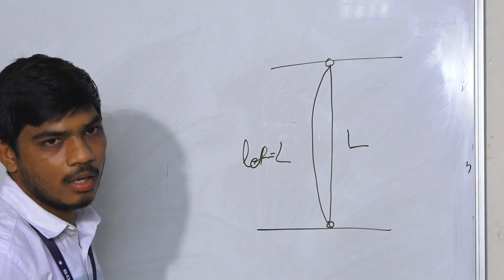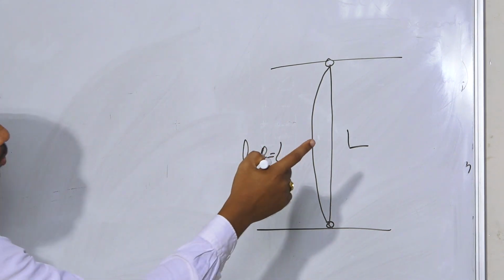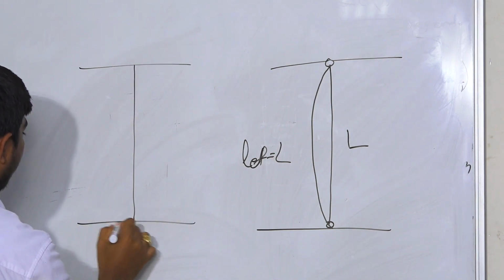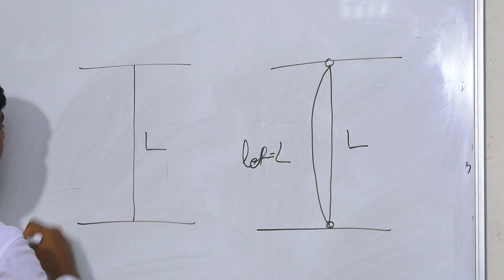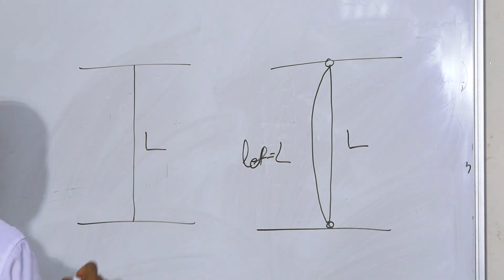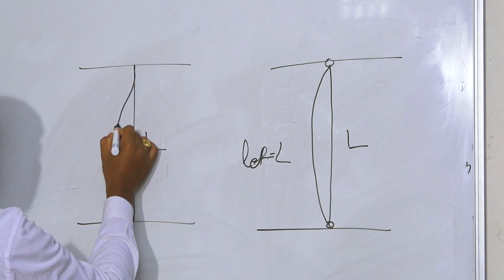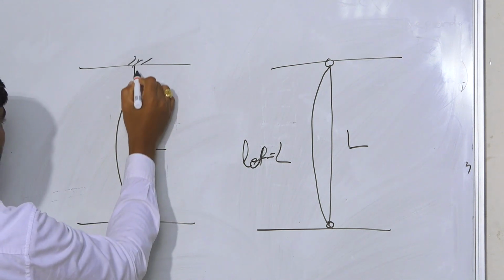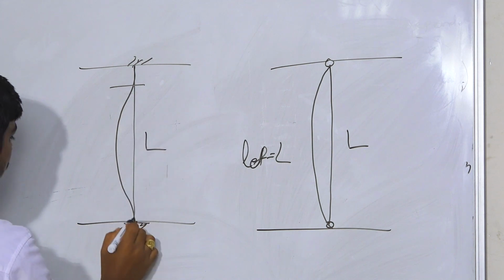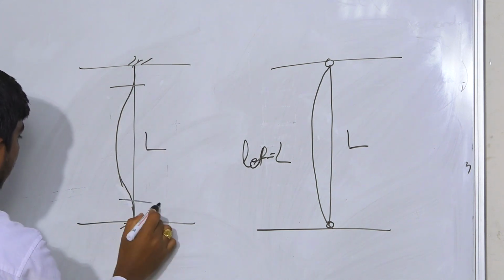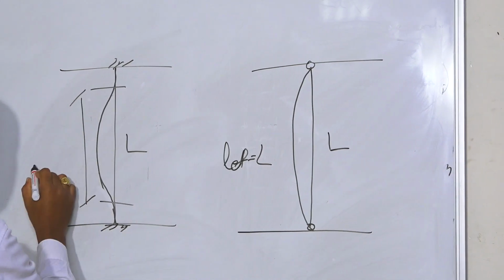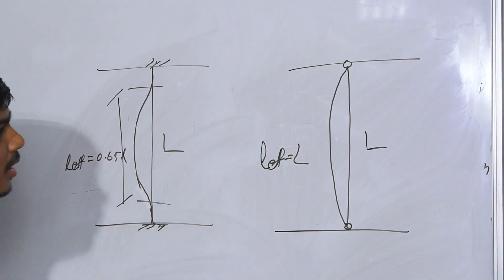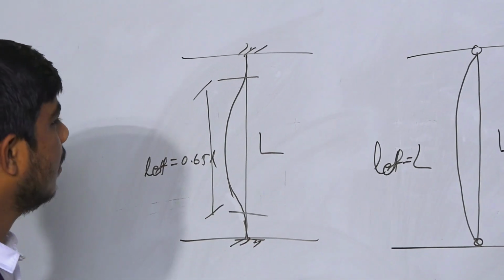When the two ends are fixed, second case, both ends are fixed like this. If unsupported length is L, then what will be the effective length? The column will try to bend like this because this is fixed. Now the effective length will be from here to here, and this distance is effective length, which equals 0.65 L. Now similarly, one end fixed and other end free.